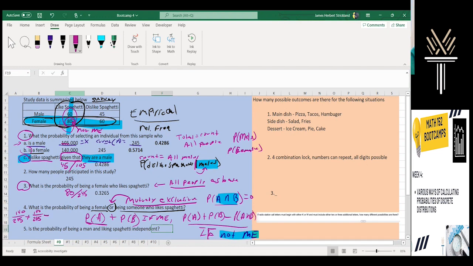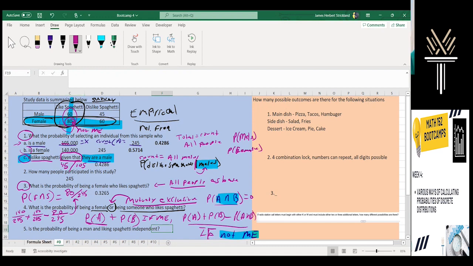But the probability of being a female who likes spaghetti is 80 out of 245. And we found that right here. The probability of being a female and you like spaghetti was 80 out of 245. And so this calculation will be the solution that we're looking for.